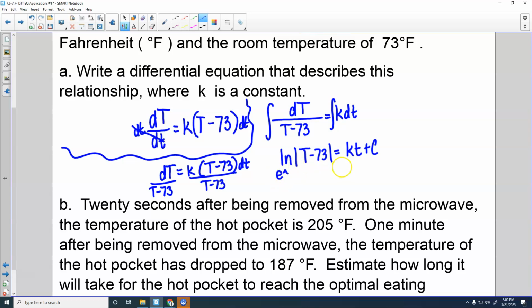E to the power, we get T minus 73 equals, what happens to that C? Comes to the front as a big C, C e to the kt, and then we'll move that 73 over. So we got T equals C e to the kt plus 73.